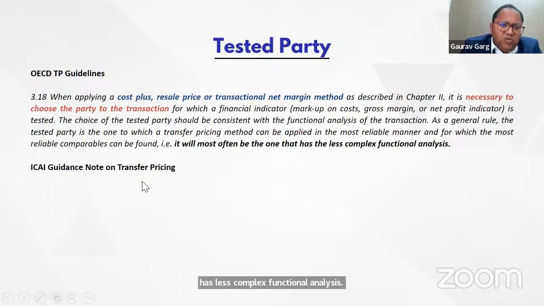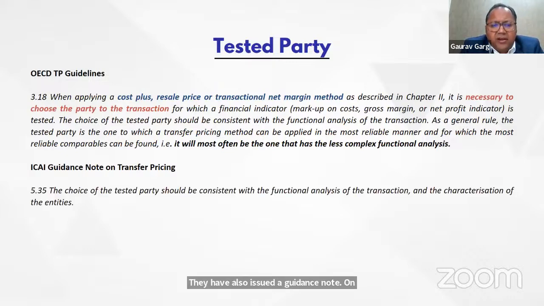Now, we have the Institute of Chartered Accountants of India. They have also issued a guidance note on transfer pricing. What they have mentioned is that the choice of the tested party should be consistent with the functional analysis of the transaction and characterization of the entities.